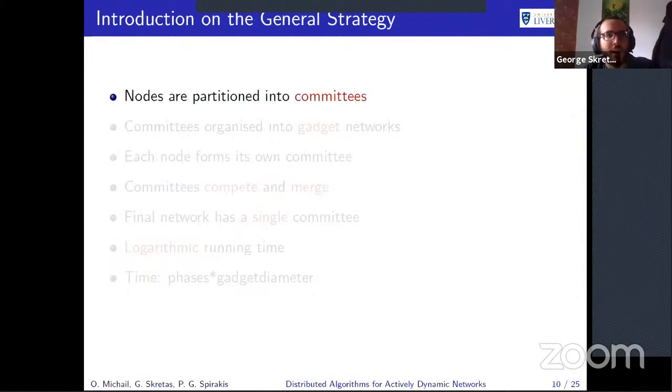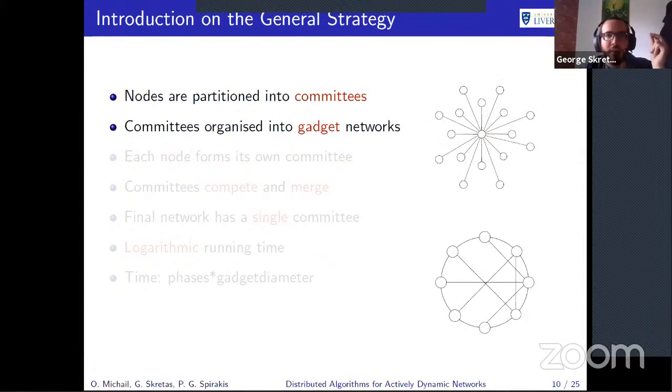So before that, I want to say that all 3 algorithms have the same general strategy. That is, during the algorithm, we have all of the nodes being partitioned into committees. A committee is basically a group of nodes that work together. Committees are organized into specific gadget networks that we have, like this one.